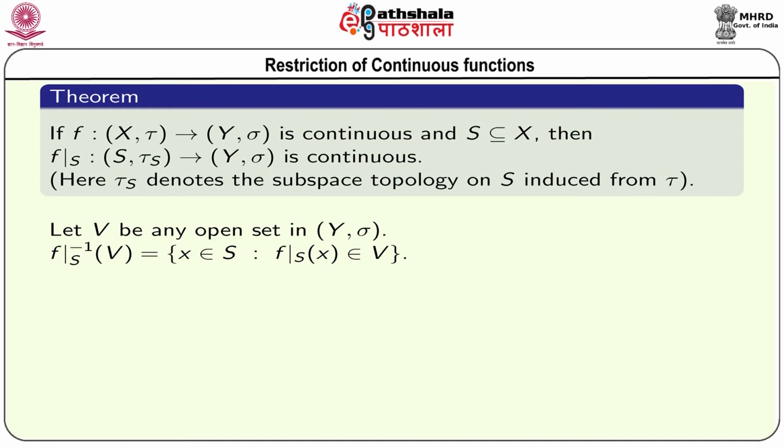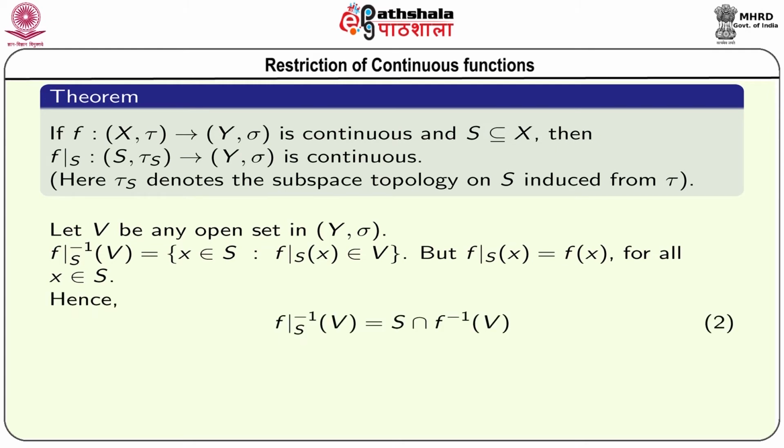Now, (f restricted to S) inverse of V is equal to all the points of S such that f restricted to S maps the point x inside V, but f restricted to S at any point x of S is the same thing as f x for all x in S. Hence, (f restricted to S) inverse of V is equal to S intersection f inverse V.